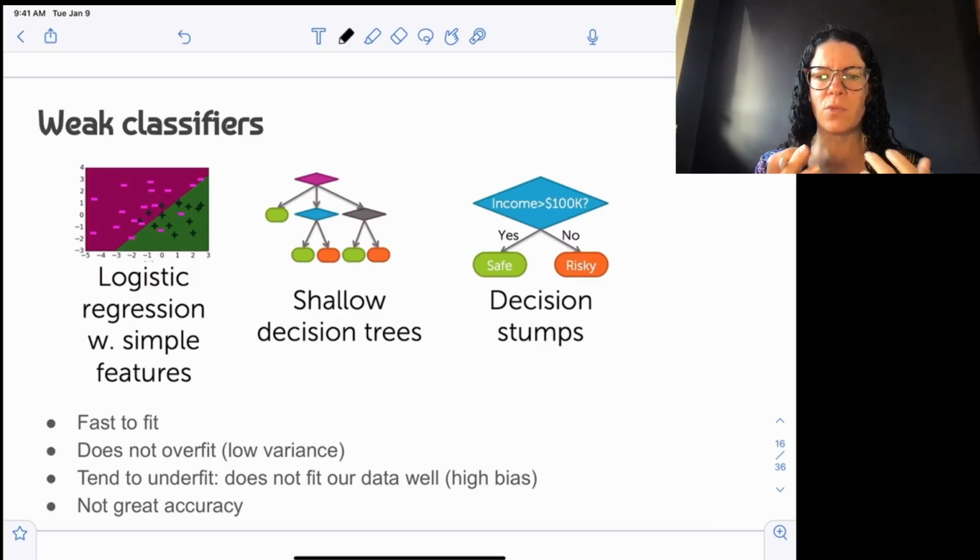It actually tends to underfit and has a high bias, and in general it just doesn't have great accuracy. Examples include logistic regression with very simple features, shallow decision trees, or decision stumps. These are potential weak classifiers.